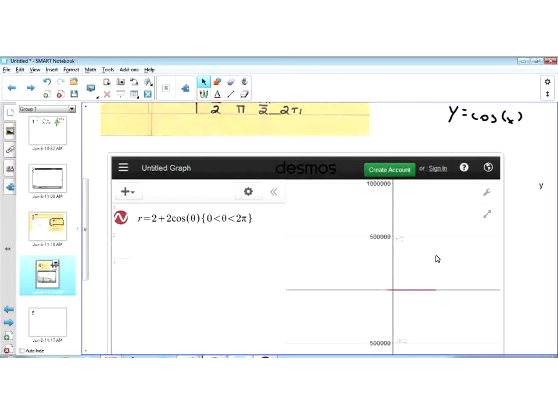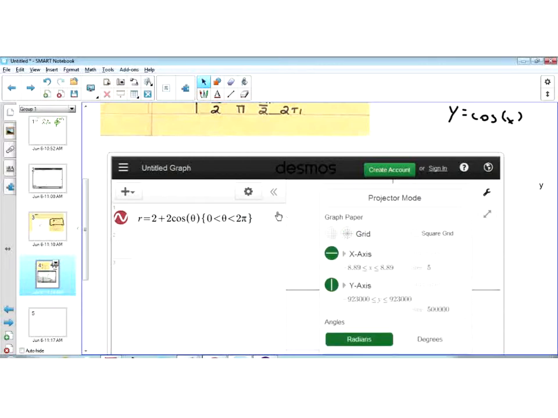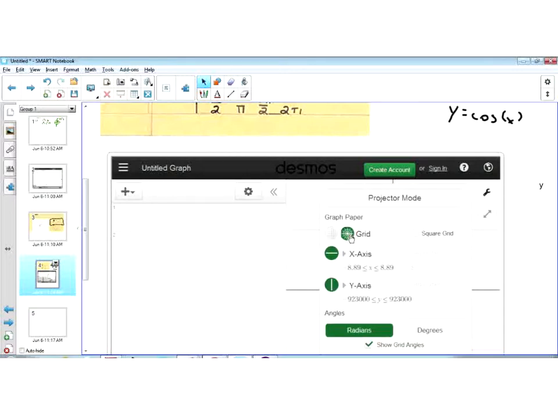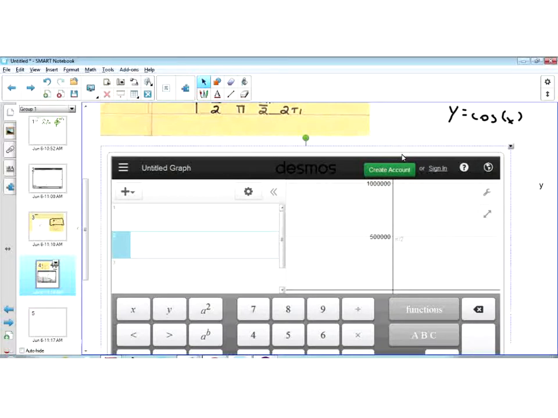Did it plot? It didn't plot, did it? R is equal to 2 plus 2 cosine theta. Let me get rid of this and see if it'll let me go into grid. It's not letting me, so this isn't going to work.